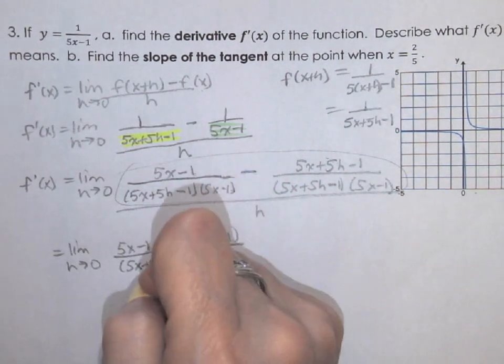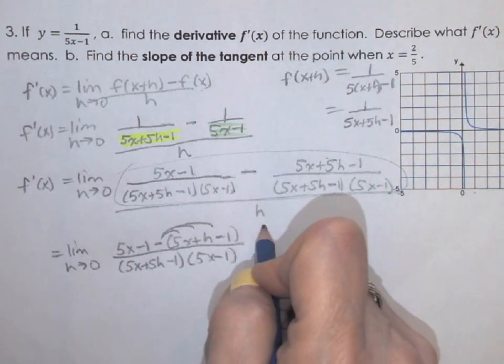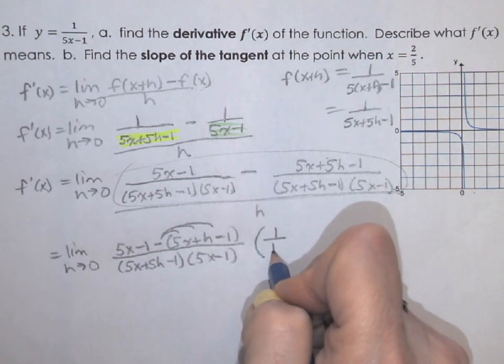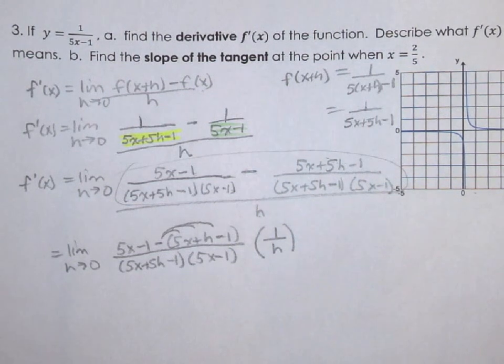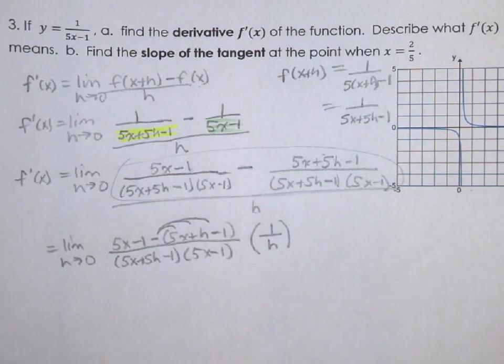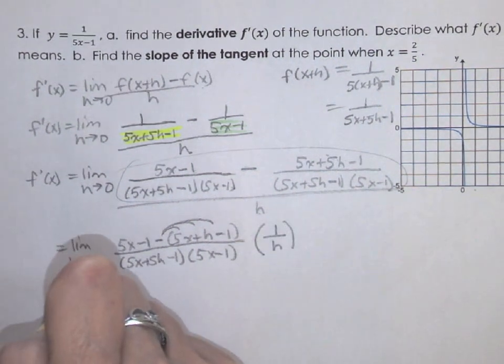So I will have this minus to distribute through the bracket there. And that's all over h, which is the same as multiplying by 1 over h. So dividing by h is like multiplying by 1 over h, because you multiply by the reciprocal. The reciprocal of h is 1 over h. So now I've gone from a 3-layer into a 2-layer fraction.